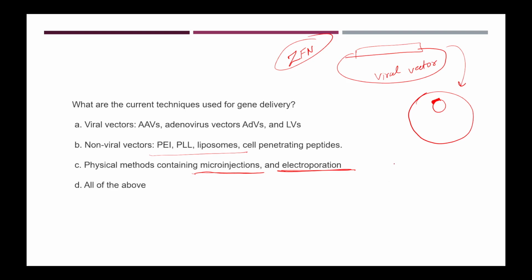Electroporation is just a short electric pulse that will open the cell membrane for a short time, so that your construct can enter the cell in that short duration. That is electroporation, giving an electropulse. So all these methods can be used for successful gene delivery.